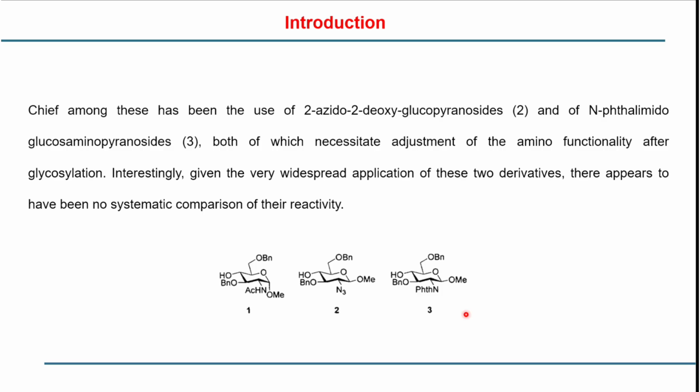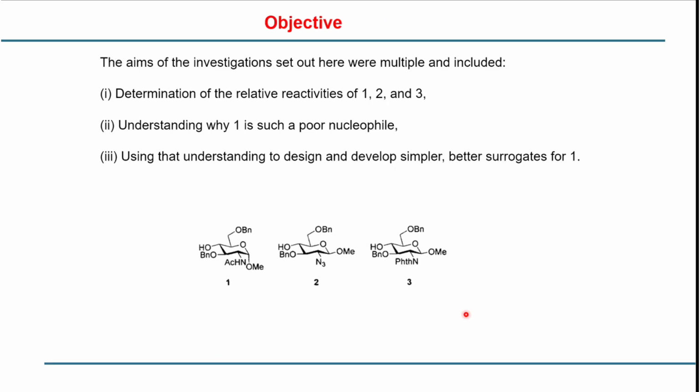Their aim was to determine the relative reactivity of these three, understand why the first one is a poor nucleophile, and how to design new surrogates of acceptor 1. So firstly, we'll discuss the relative reactivity of the acceptors.